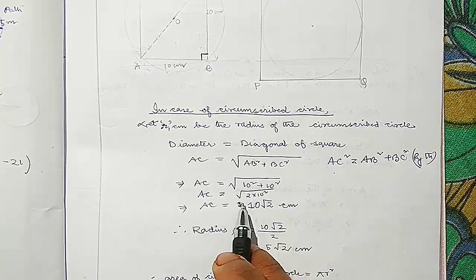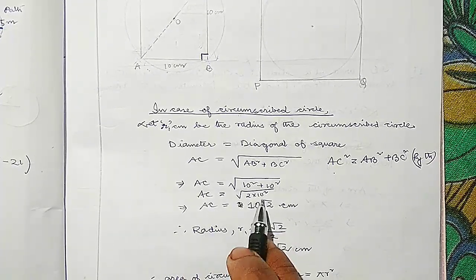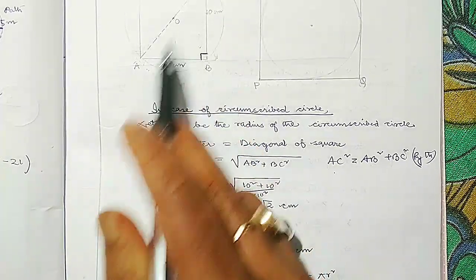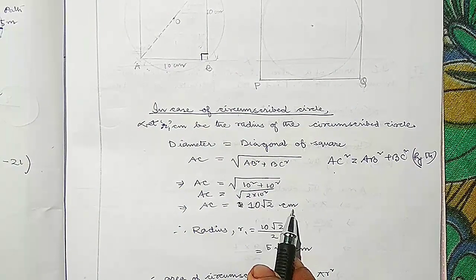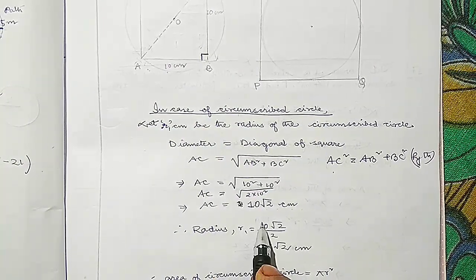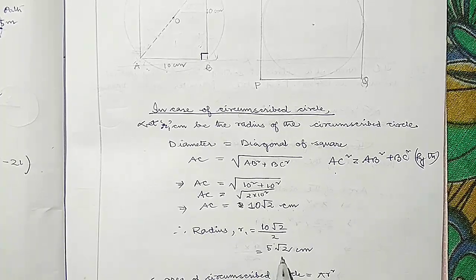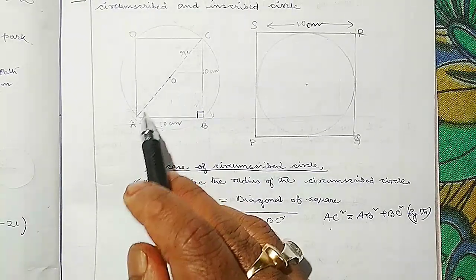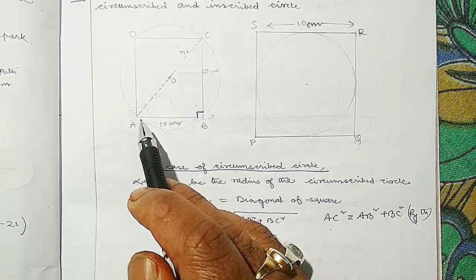So this 10 will come out. So we got AC equals 10 root 2 centimeter. Clear? And since AC is 10 root 2 centimeter, the radius will be half of it. So if I divide this by 2, I am going to get 5 root 2 centimeter. Therefore, the radius of this circle is 5 root 2 centimeter.